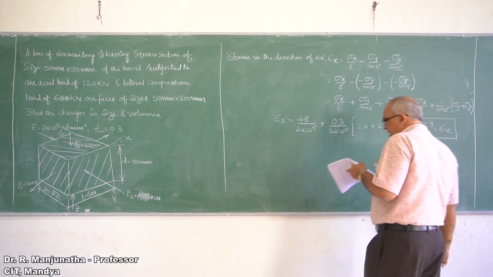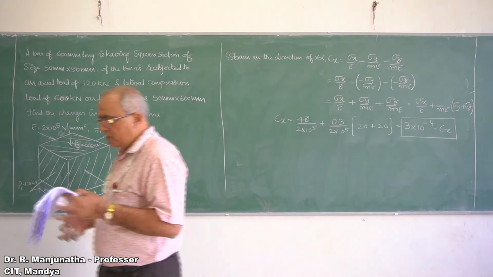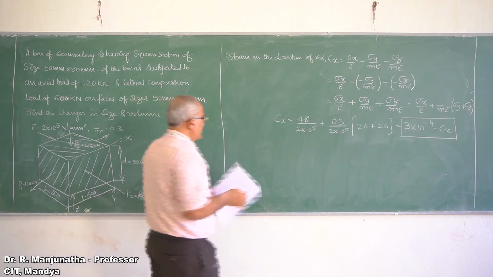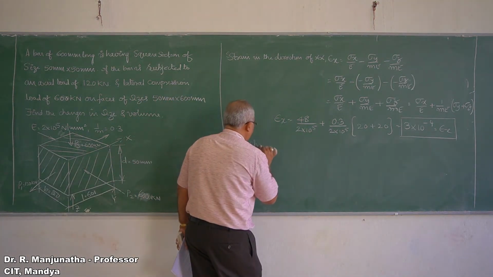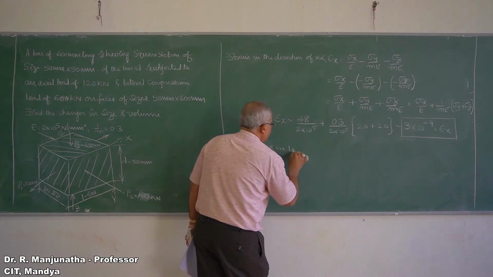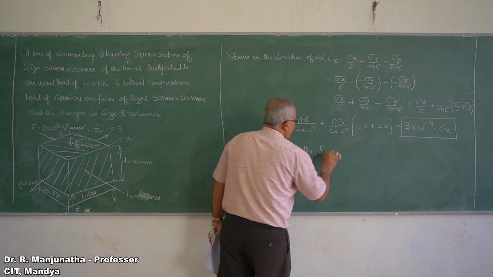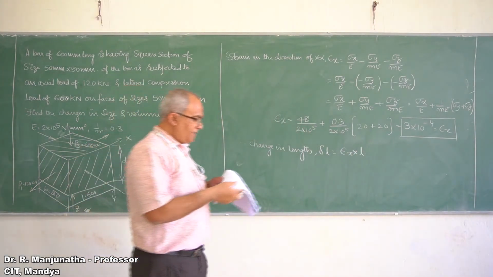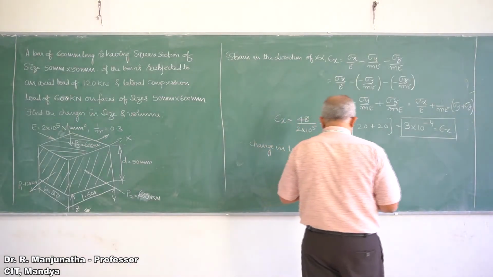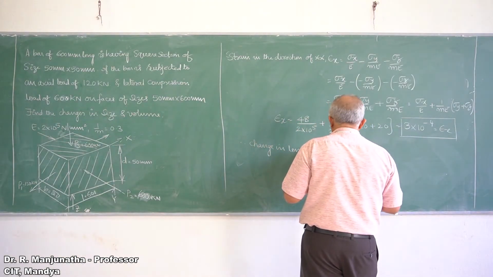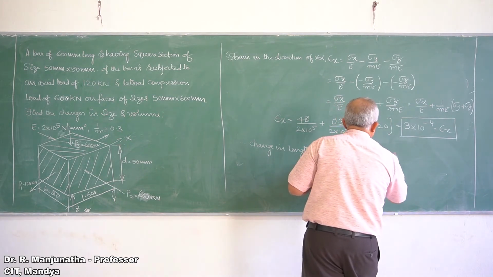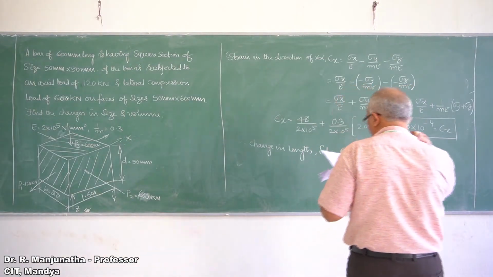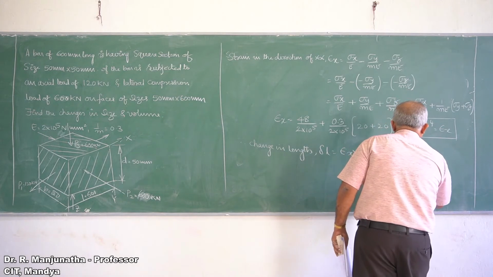So once we get the strain in the x direction, we are going to find the delta L, that is the change in length. The change in length, delta L, will be equal to epsilon x into the original length L. So that is 3 into 10 to the power minus 4 into the length of the member, which is 600.